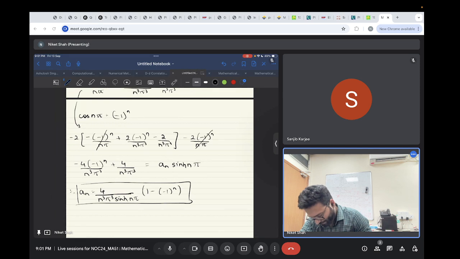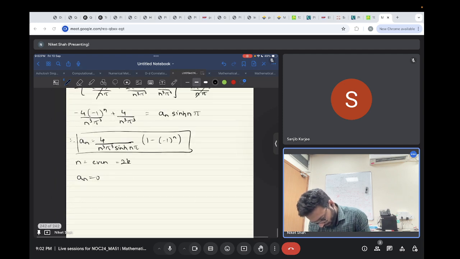Okay, but the thing is, so 2k plus 1. So when n is even, which is equal to 2k, a n is equal to 0, and when n is odd, which is 2k plus 1, a n is equal to 8 upon 2k plus 1 the whole cube pi cube sinh 2k plus 1 pi.